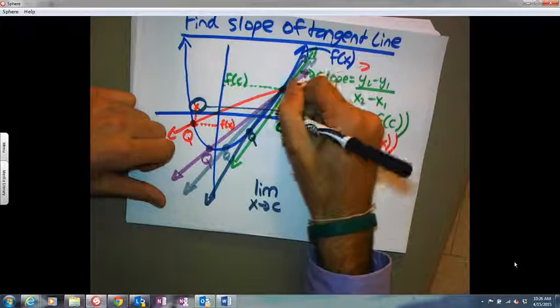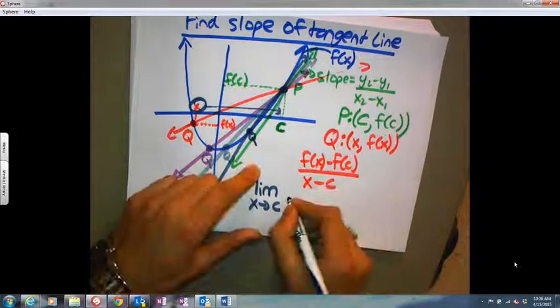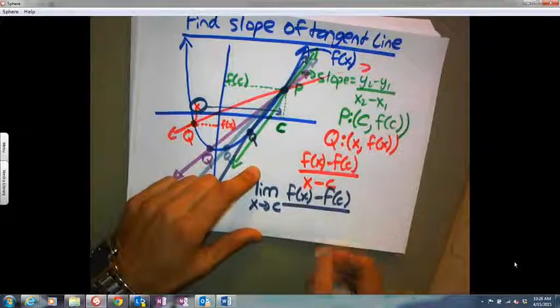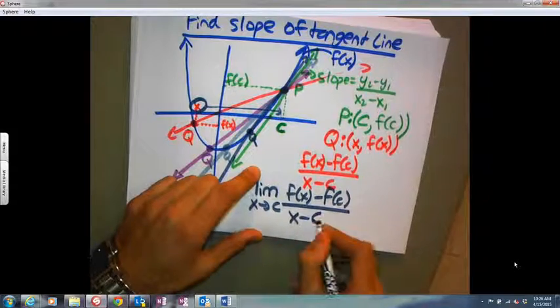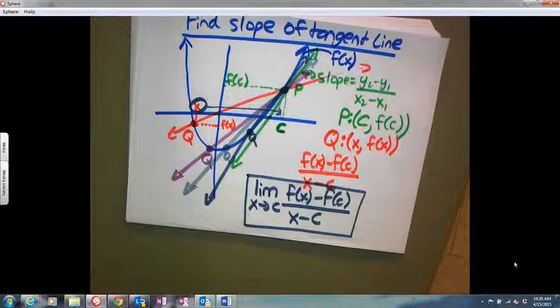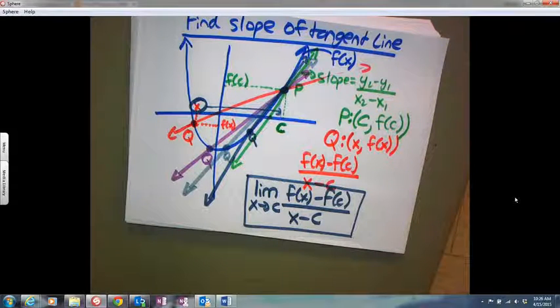Of f of x minus f of c all over x minus c. Questions? That is the slope of a tangent line. Questions?